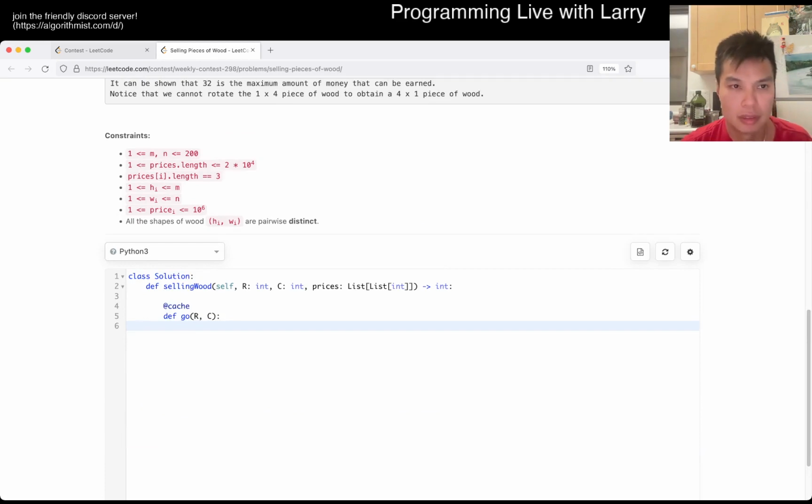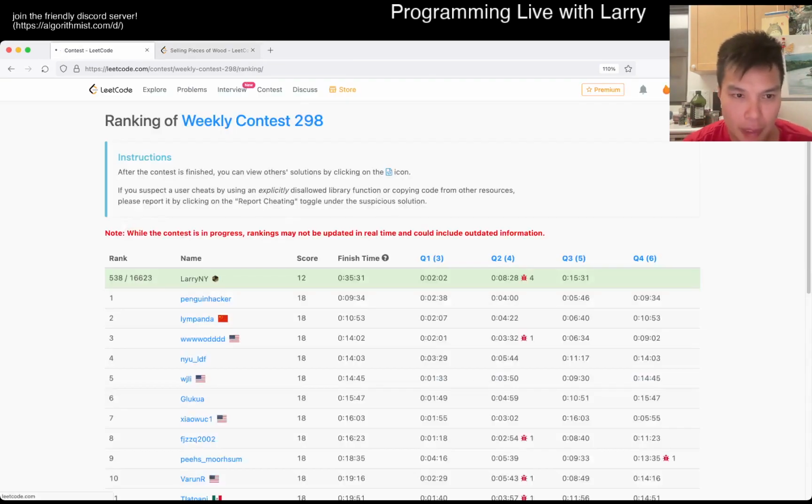I think 200 cubed is too slow, right? That's 8 million. In other languages it might not be, but in Python it might be.